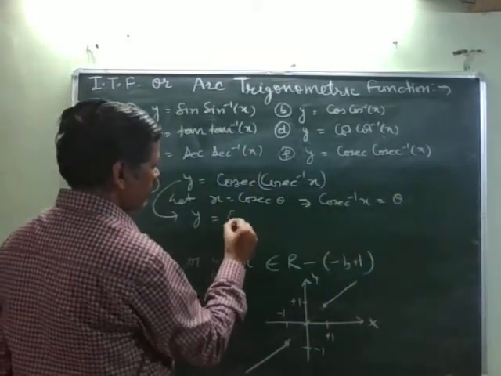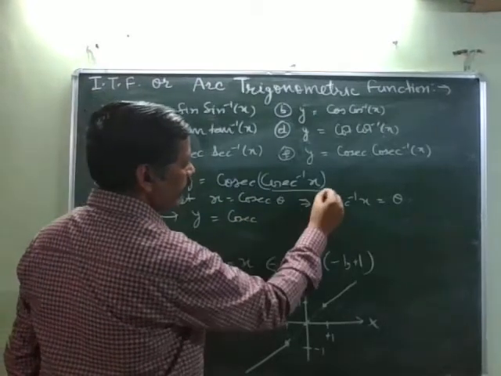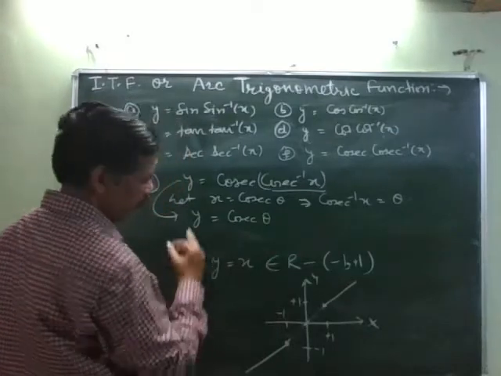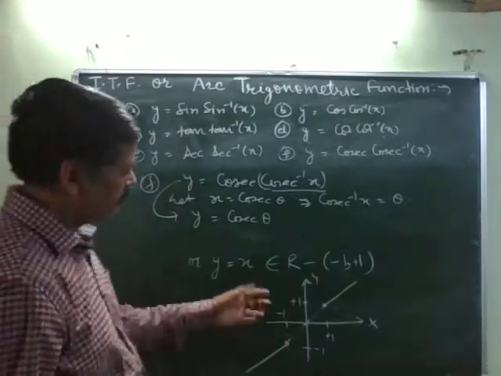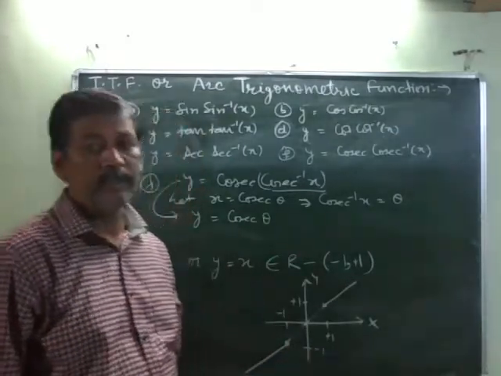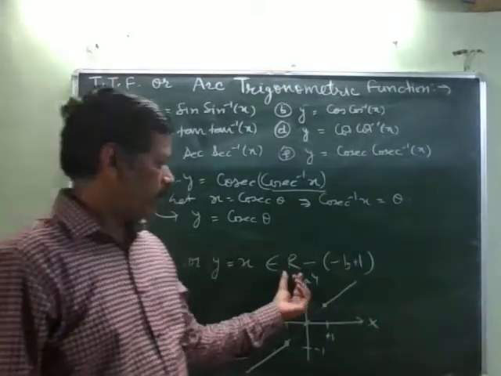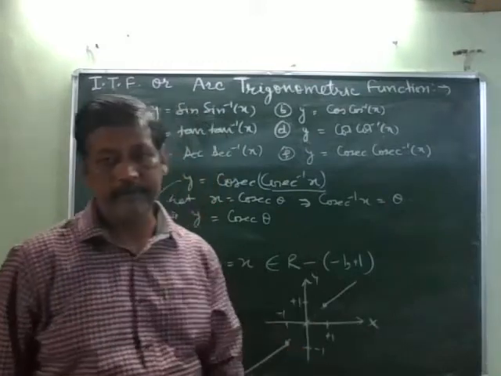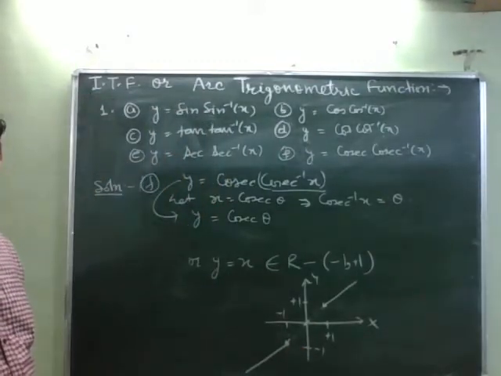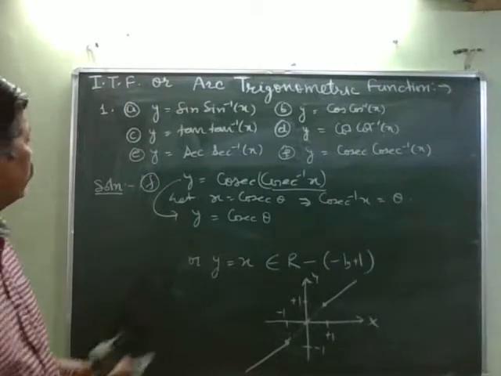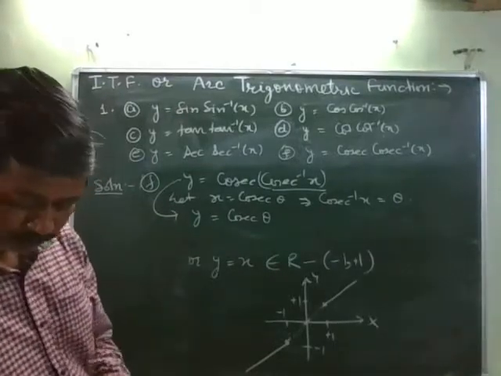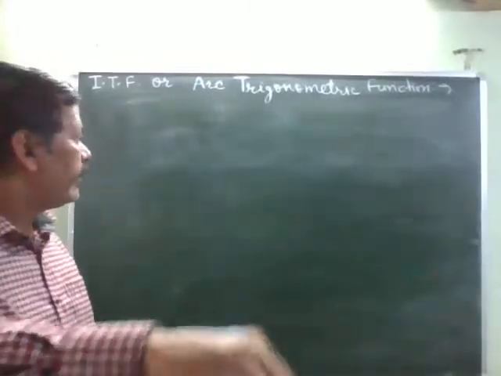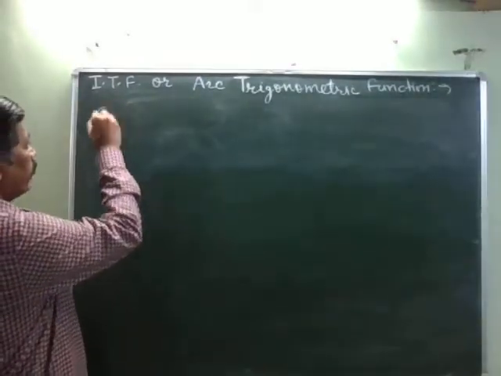Therefore, y is equal to cosec theta, or this can be written, and the same result you are going to get in terms of domain and range and in terms of graph. Now second question.